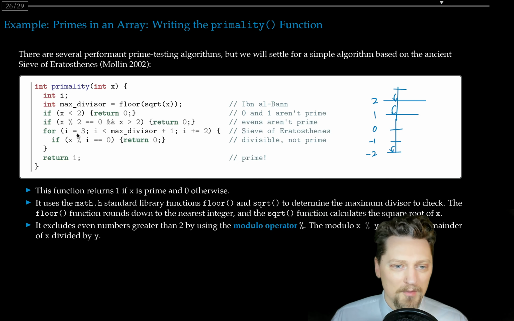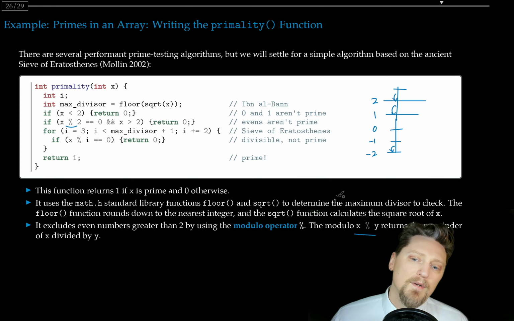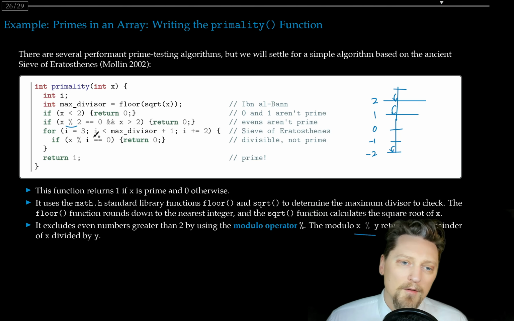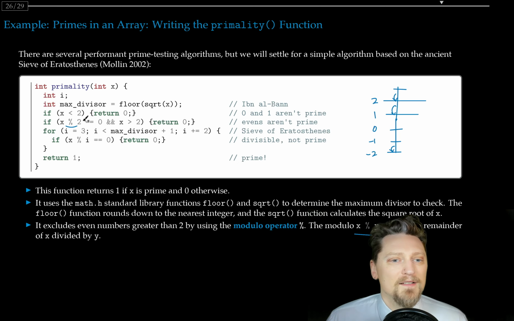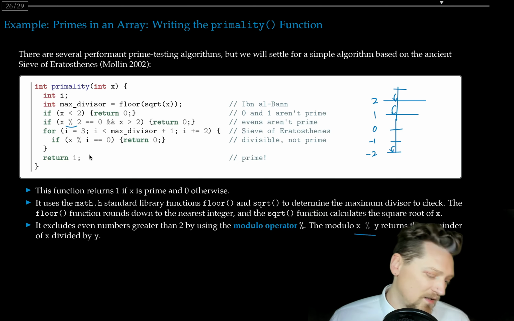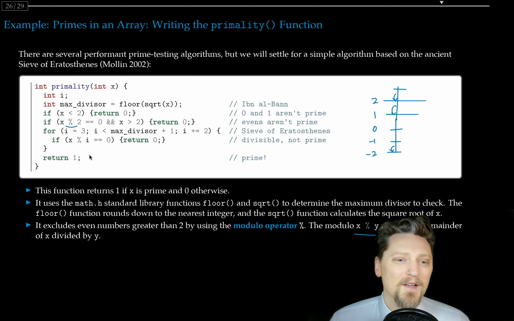This is the modulo operator, the percent symbol. The modulo x mod y returns the remainder of x divided by y. So if x is divisible by 2, the remainder will be 0, right? So this will test to see if x is even. No even numbers are prime, so we eliminate those from our possibilities.